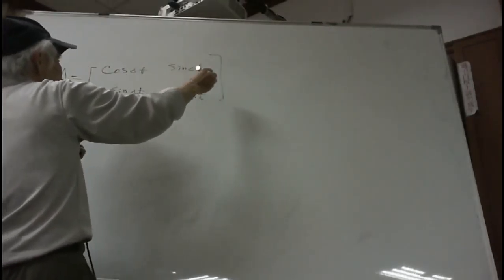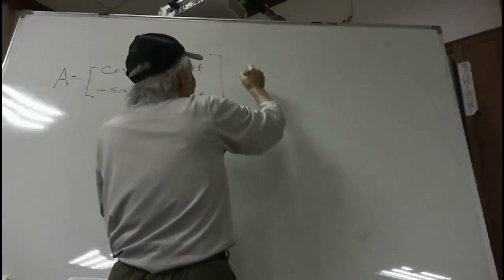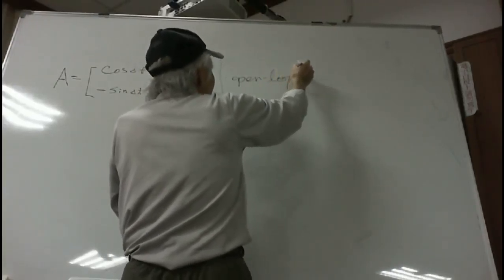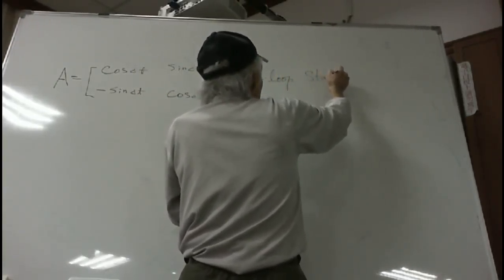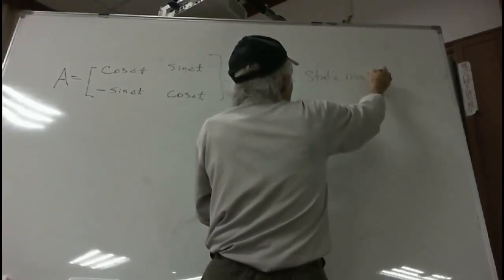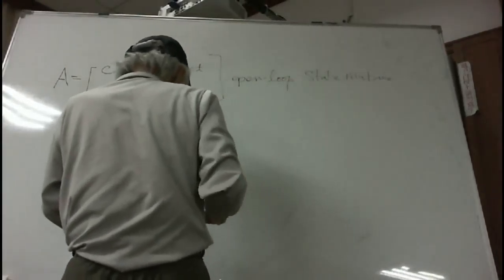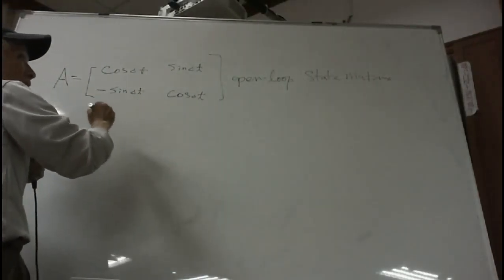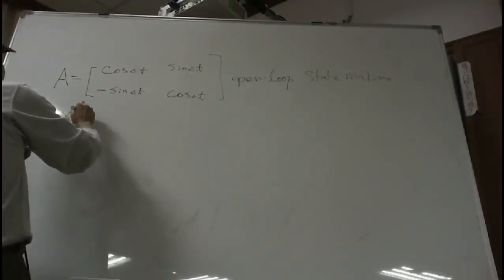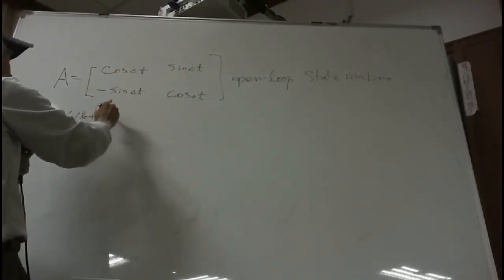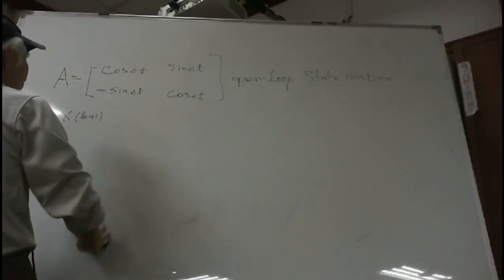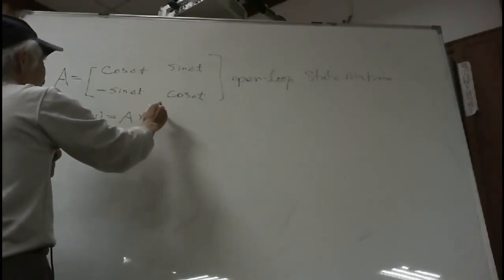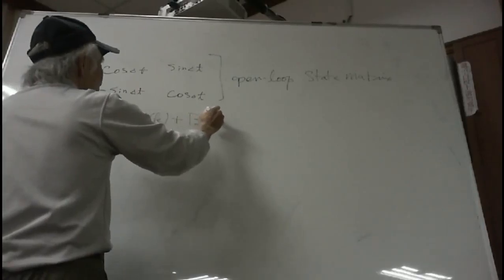That's my open loop state matrix. This is what I call open loop state matrix. All right. Now we have x k plus 1 equal to A x k plus B u k.